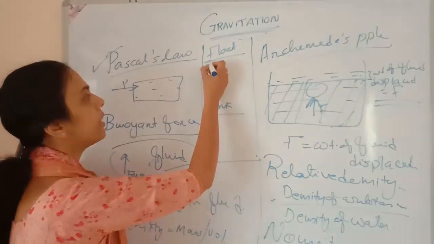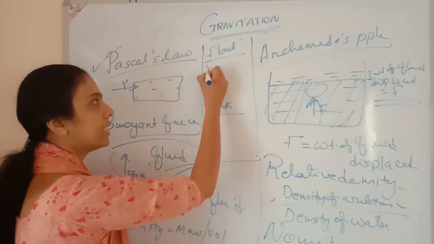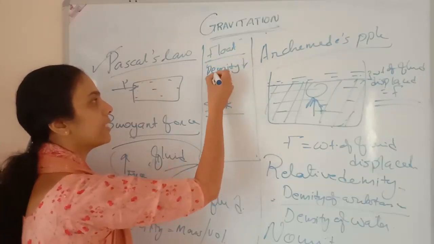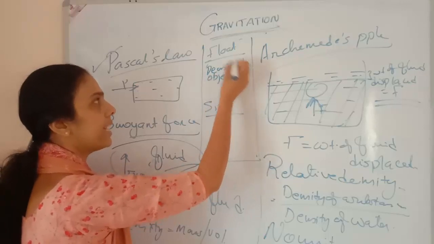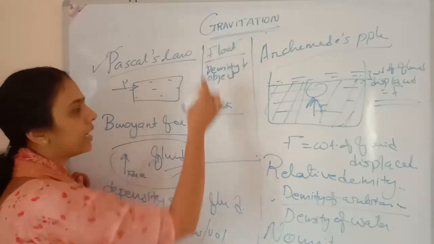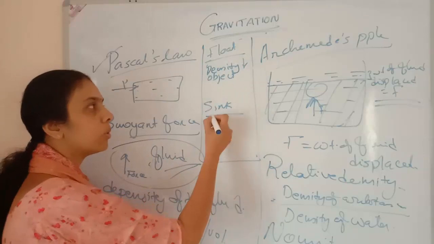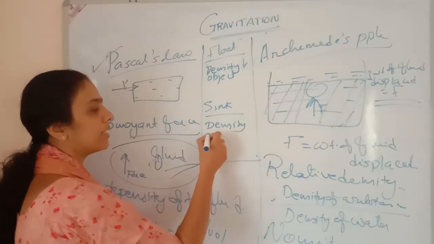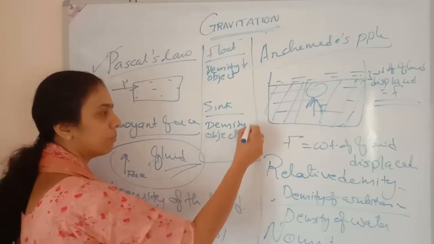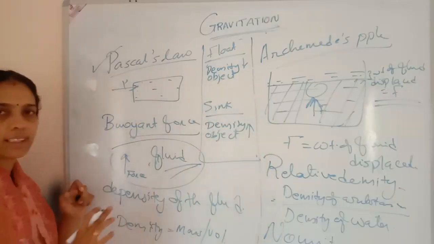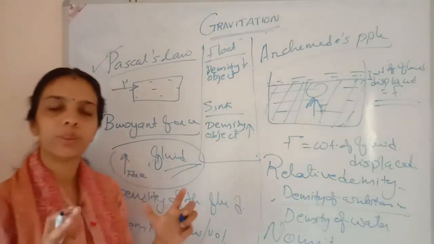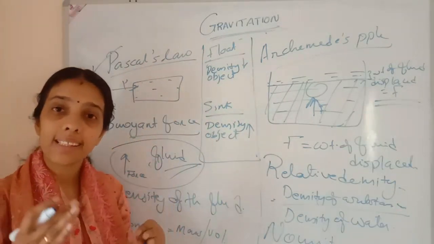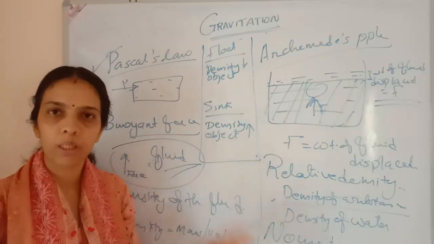If the density of the object is less, it will float. If the density of the object is more, then it will sink. Less means less than the density of the fluid in which it is immersed.